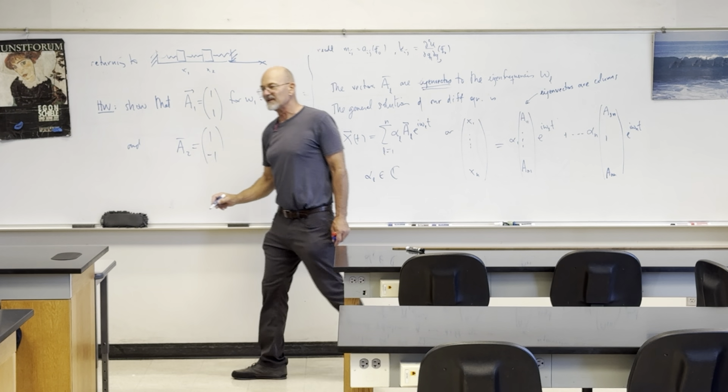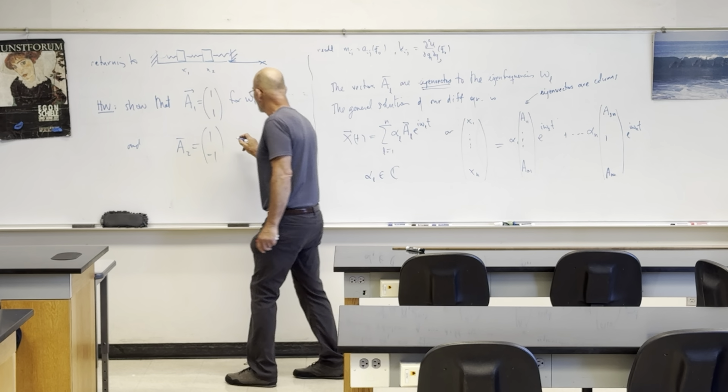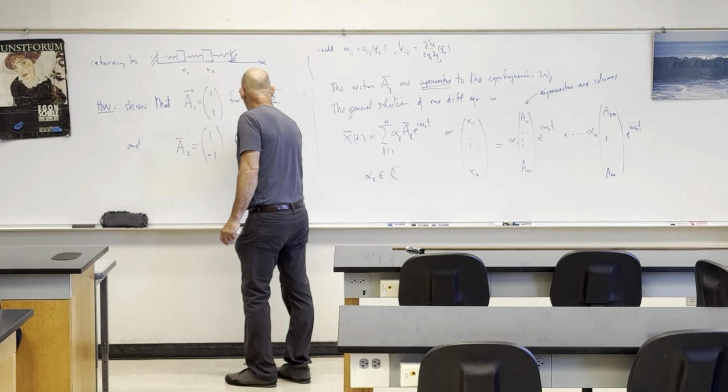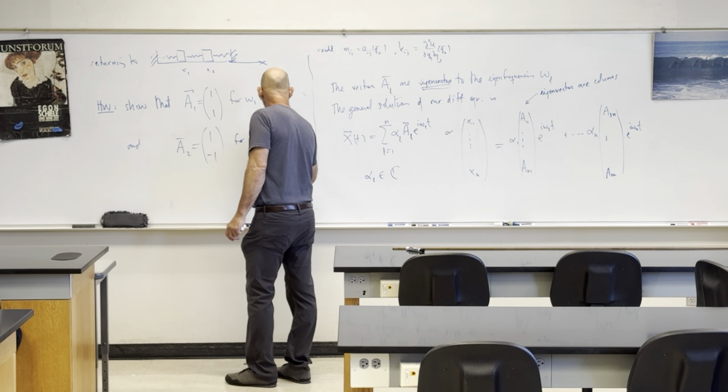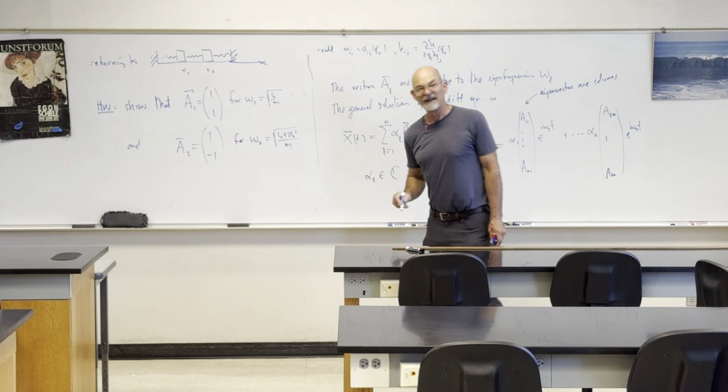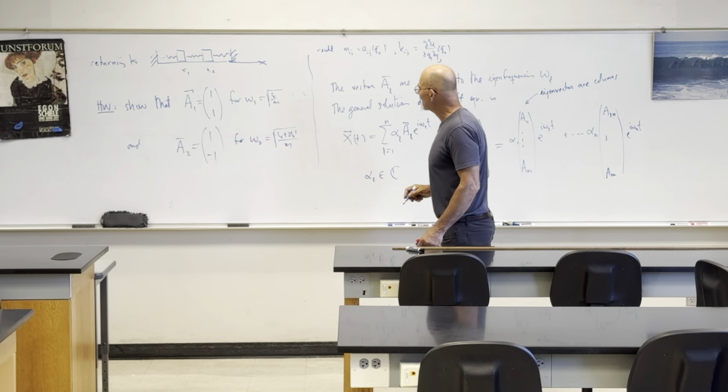We don't have to normalize these vectors, okay? 1, minus 1, or omega 2 equals root K plus 2K prime over M. Really crucial.